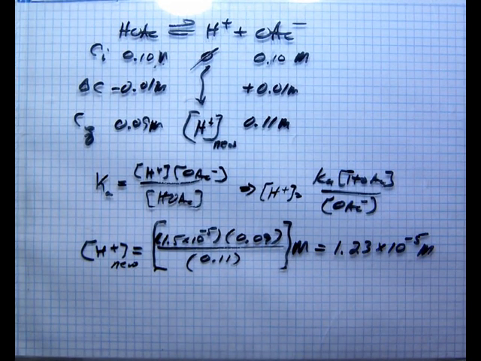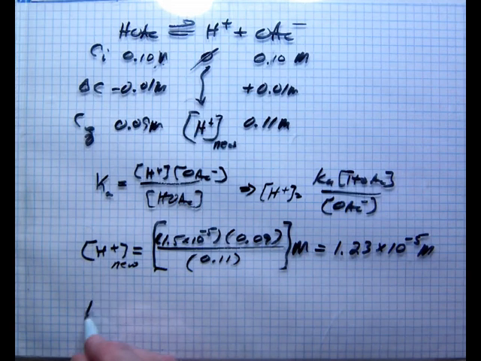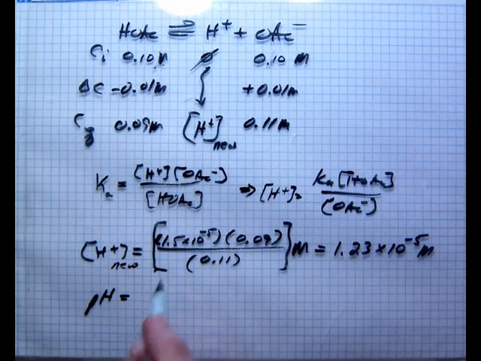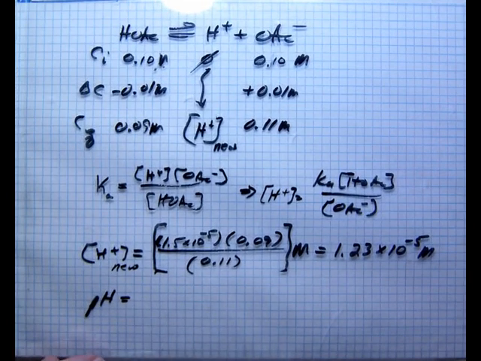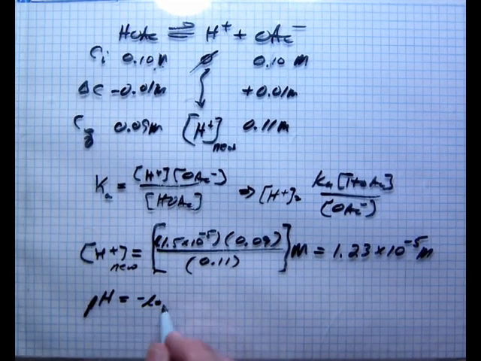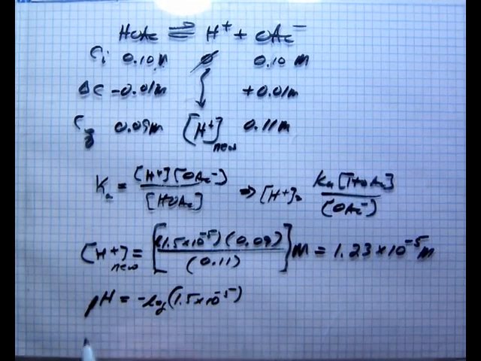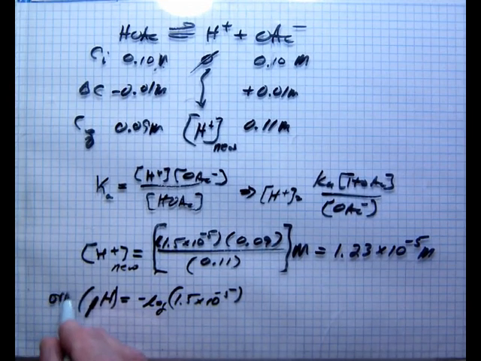So our new hydronium ion concentration is 1.23 times 10 to the minus 5. And using the definition of pH again, the pH we started with originally was from 1.5 times 10 to the minus 5. Now, this is old, you might say, original.